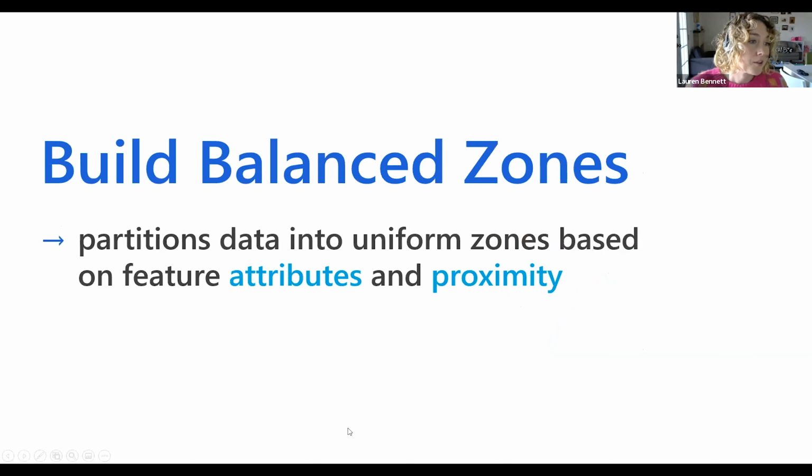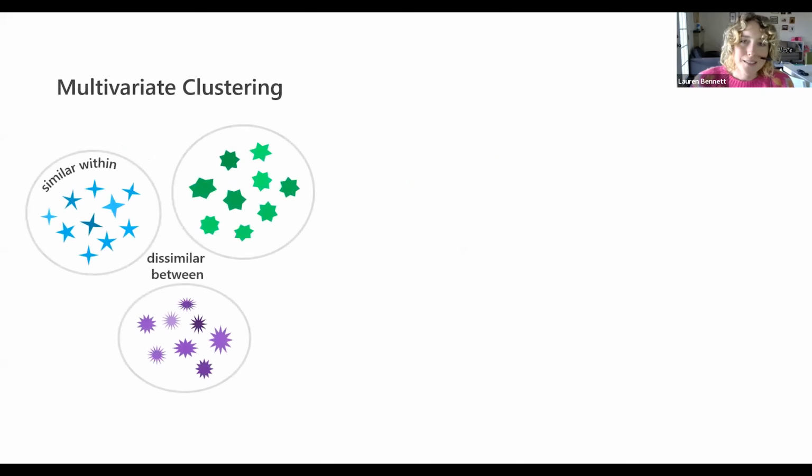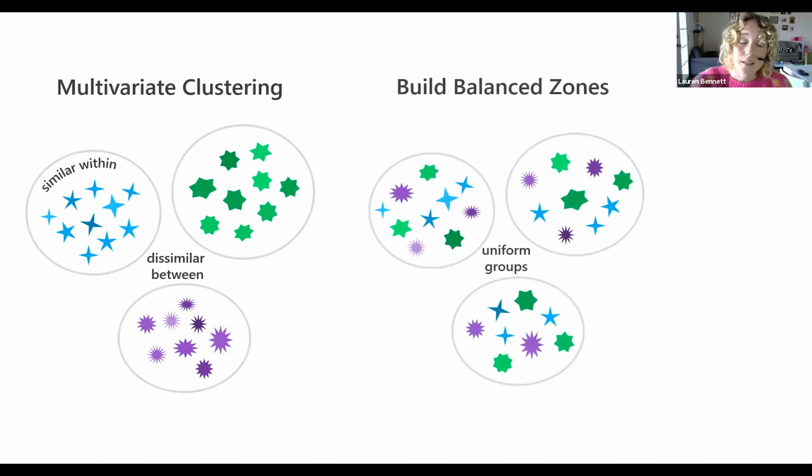Okay, so the last one that we're going to talk about is build balanced zones. In a lot of ways, this is asking an opposite question to what we've been doing with multivariate clustering. With multivariate clustering, we're trying to create groups that are similar within, but different between. With build balanced zones, we're actually trying to create groups that are each alike, uniform in their characteristics.